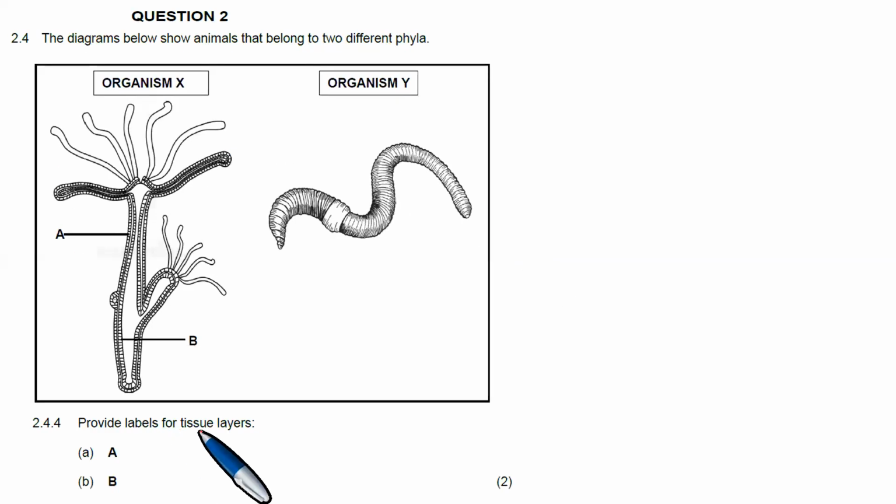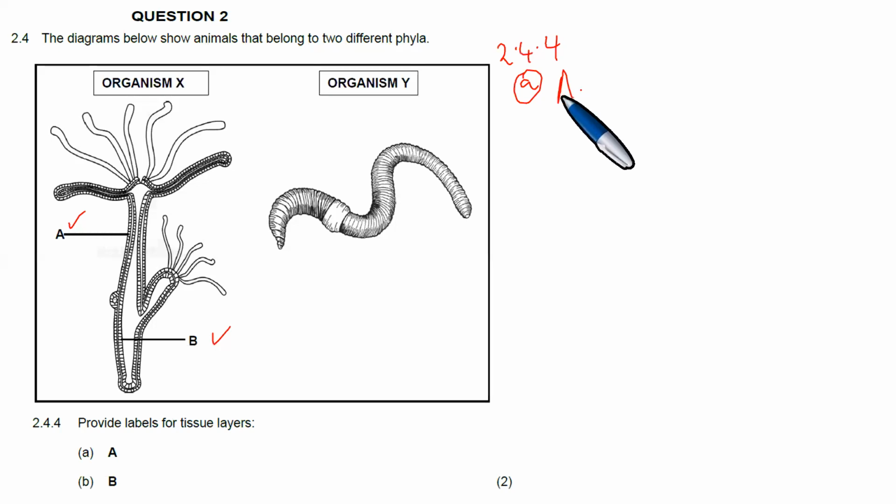You need to provide labels for tissue layers. These are the same organisms. Provide labels for tissue layers A and B. For organism X, we need to provide labels for A and for B. We shall discuss these structures in detail, but if you look at the answer to 2.4.4 part A, what is this?